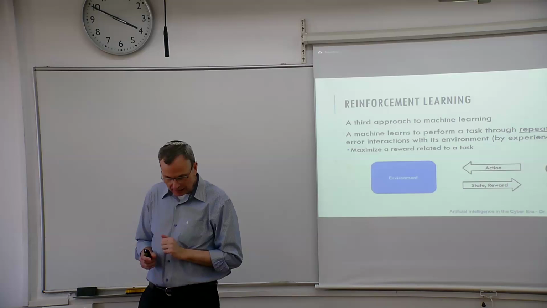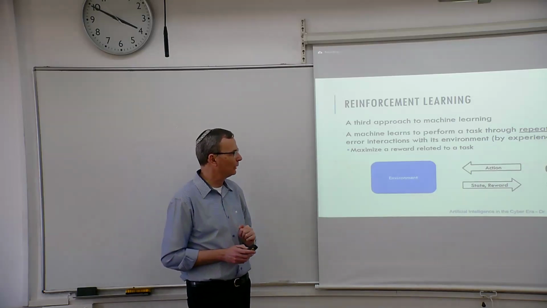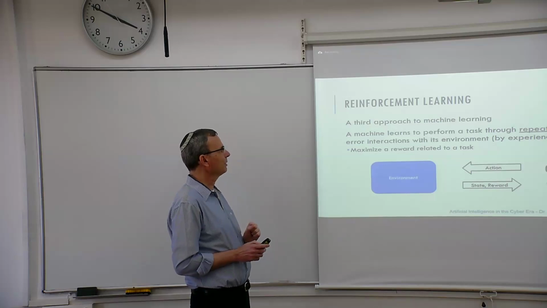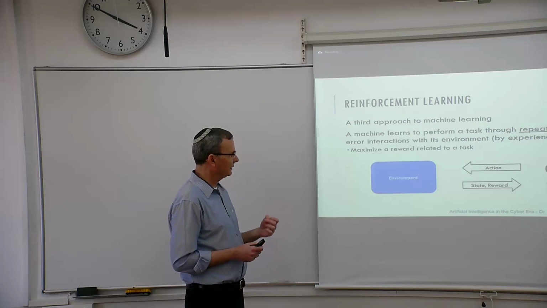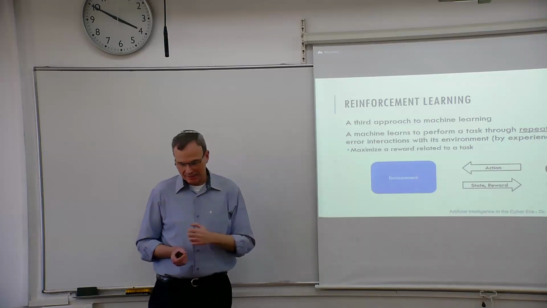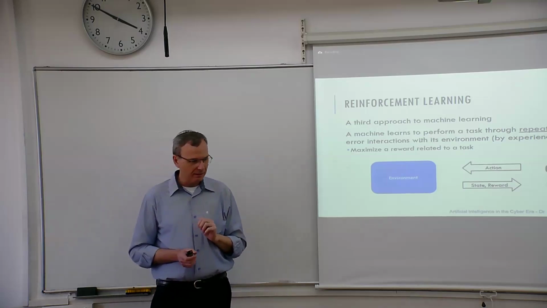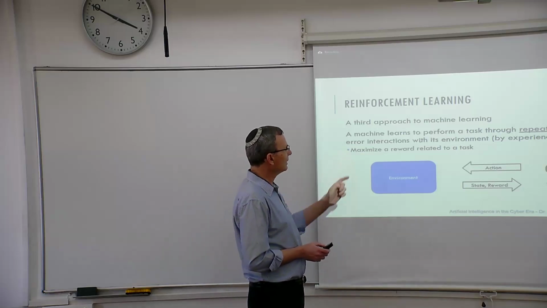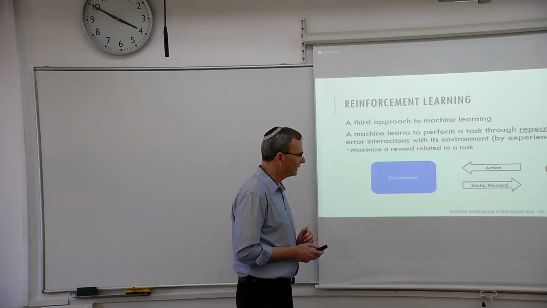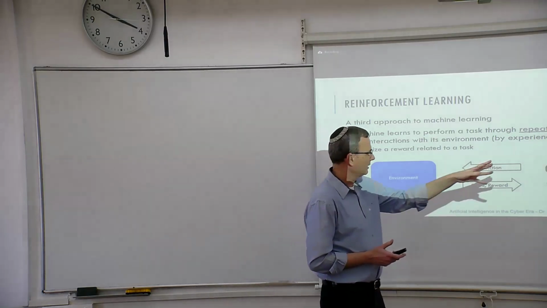The idea here is that the machine learns by doing, and it learns to perform a task through repeated trial and error interaction with its environment. And this is learning by experience. The goal is to maximize the reward related to a task. So there is an agent, let's say a robot.